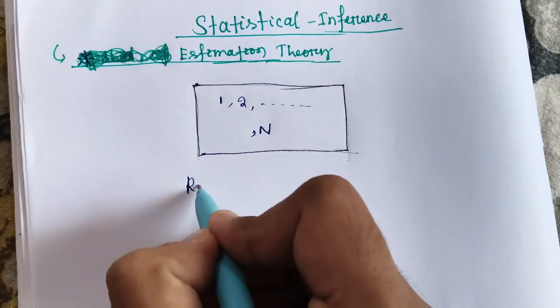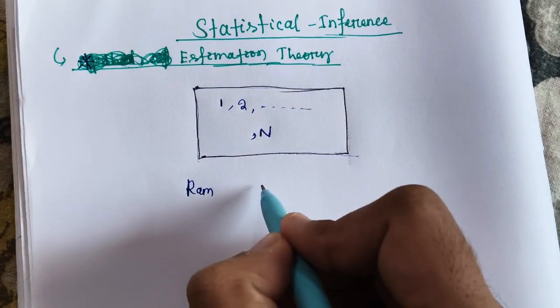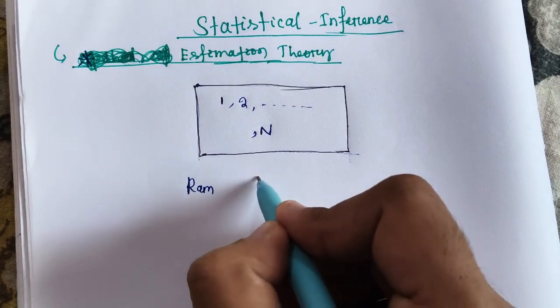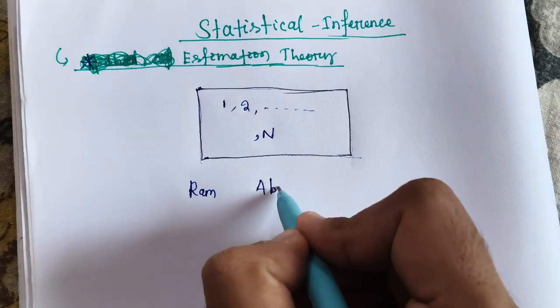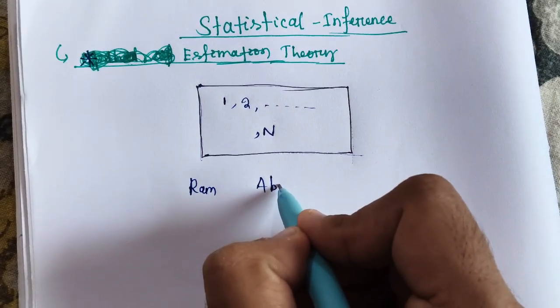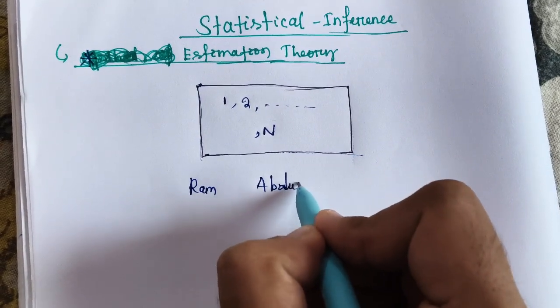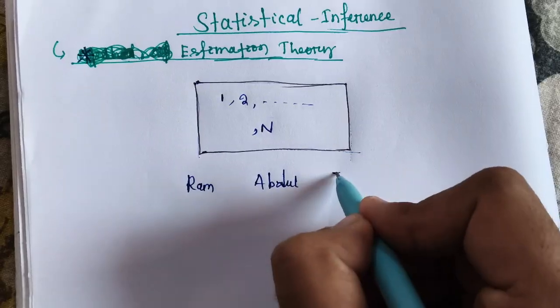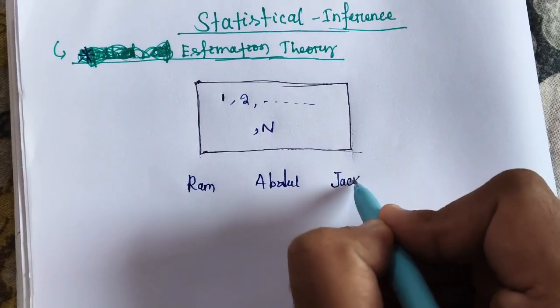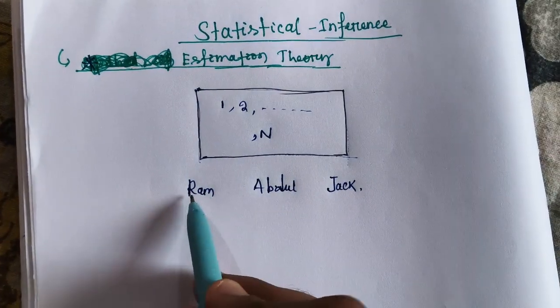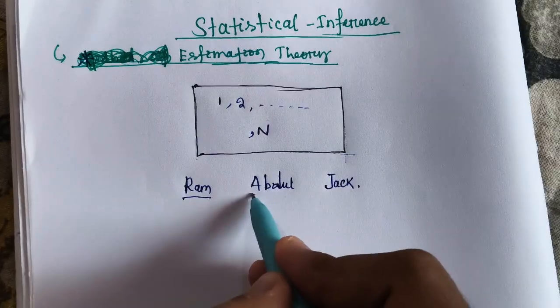First one name is Ram. Second one name is Abdul. Third one name is Jack. So there are three enumerators here.